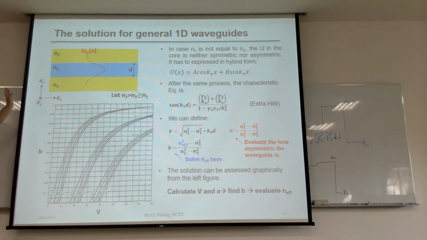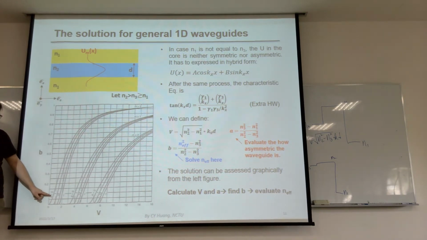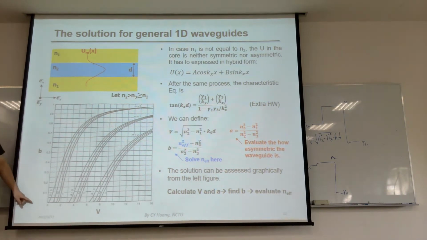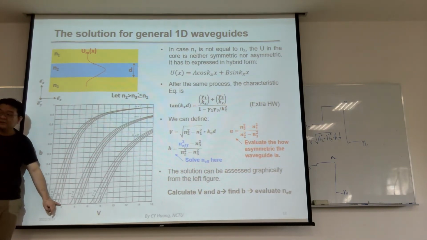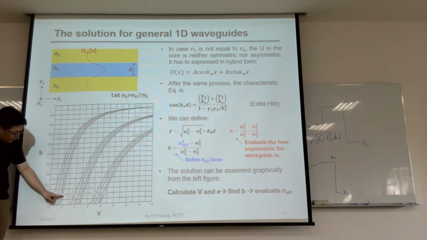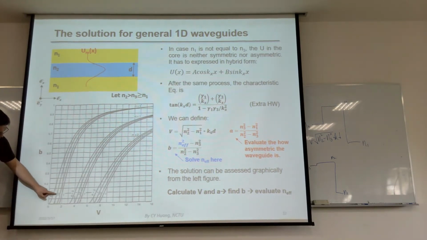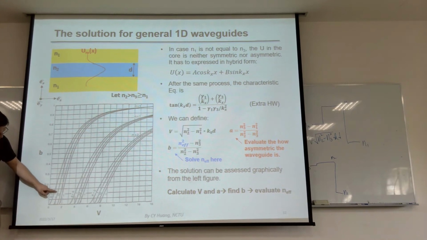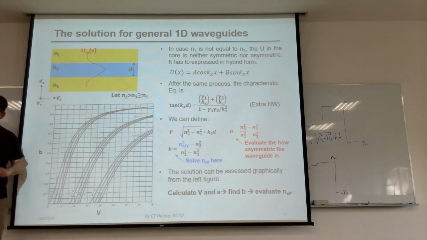It takes the previous figure, digests it, and draws it point by point like this. You see there's a small figure called A is equal to 0. That means it is a symmetric case. If the optical mode is very asymmetric, it means A is equal to infinity. So this is the first curve, A is equal to 0, A is equal to 1, A is equal to 10, A is equal to infinity.